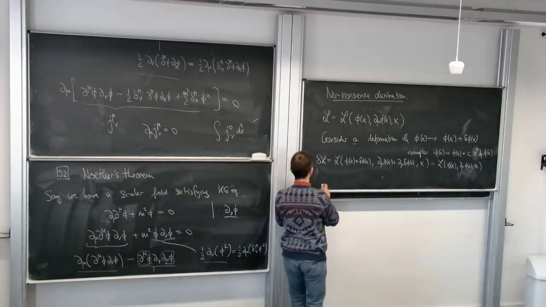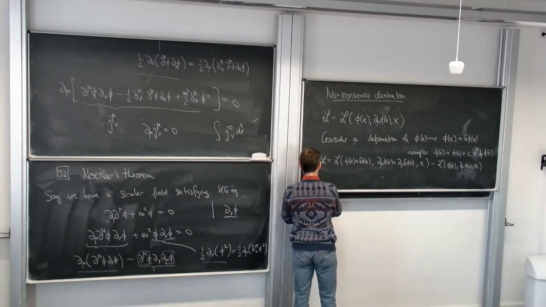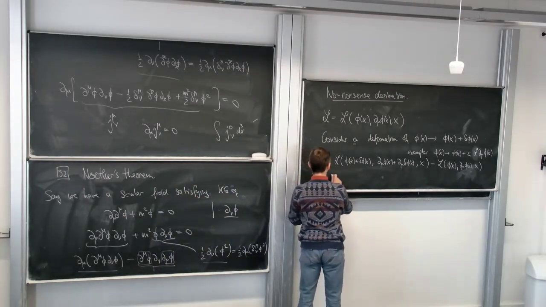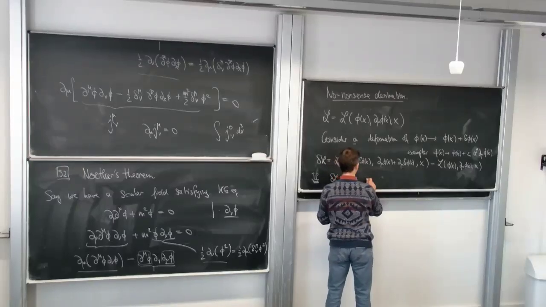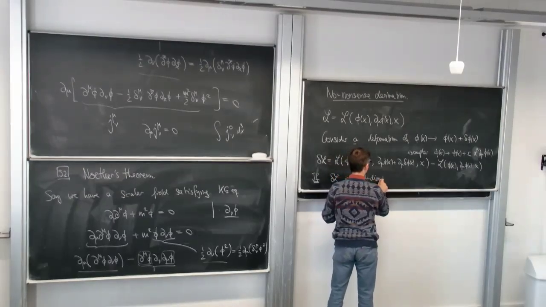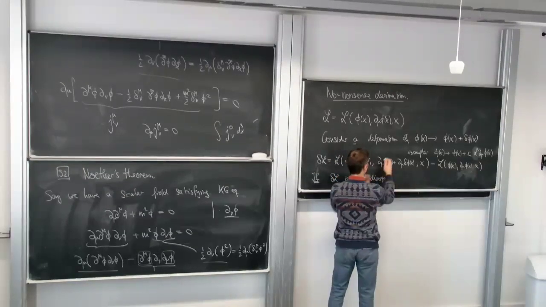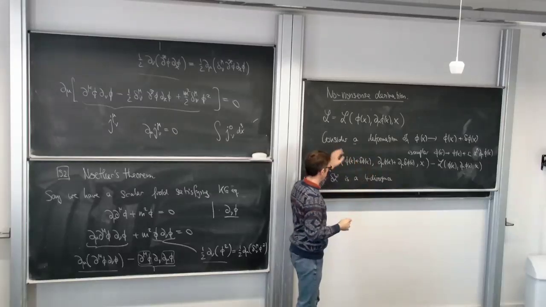And if delta L is a four-divergence, you insert it and see what it is.